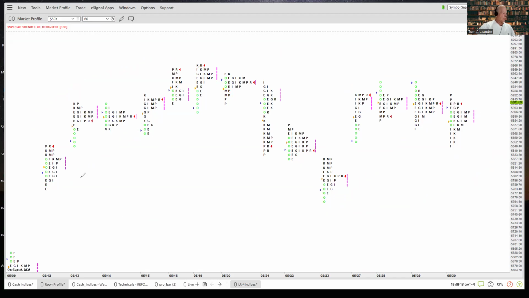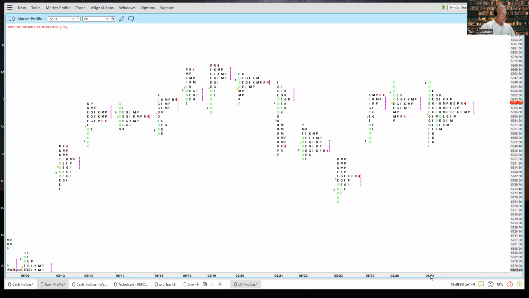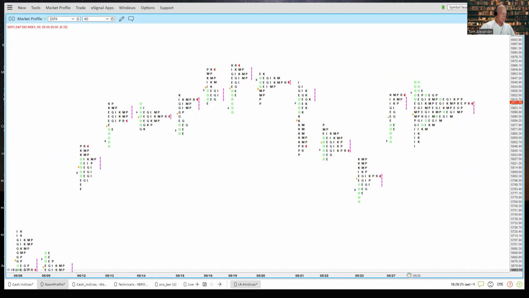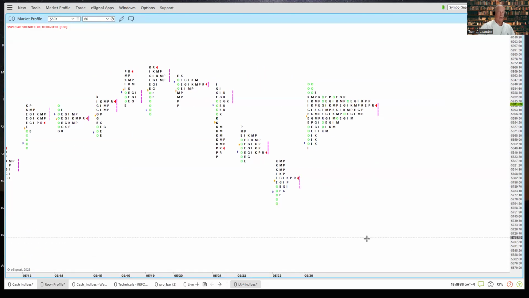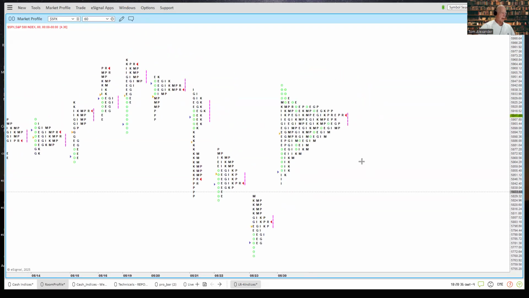Now, what I want to do, I want to take this and I want to combine the past 4 days into the auction that it is. And you can see here. And again, these charts are on the website under alexandertrading.com, weekend updates. Now, this is the last 4 days of trading.